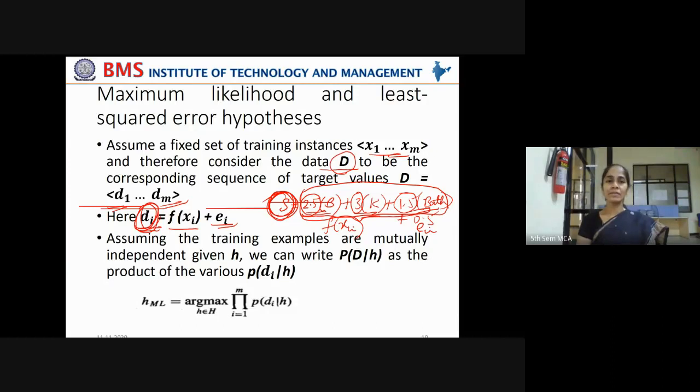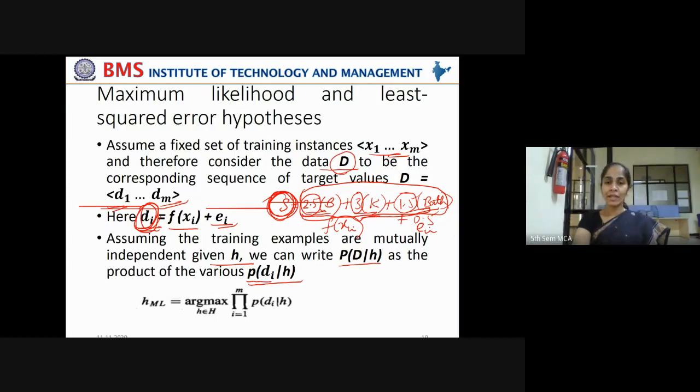Now it is clear? Now assuming the training examples are mutually independent given h, we can write probability of d given h as the product of the probabilities of di given h, because probability of d is actually for the entire set of training examples, but you want to focus here on each of the training example predictions.